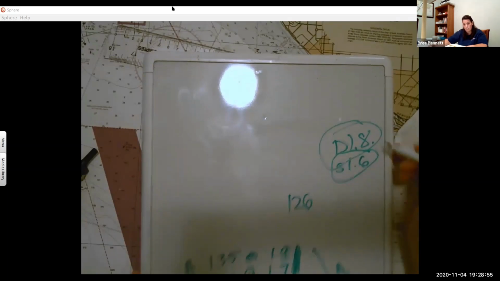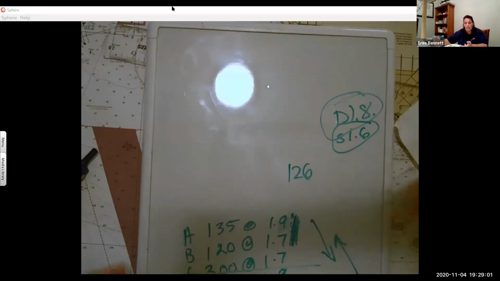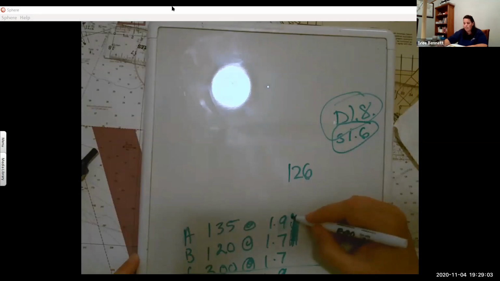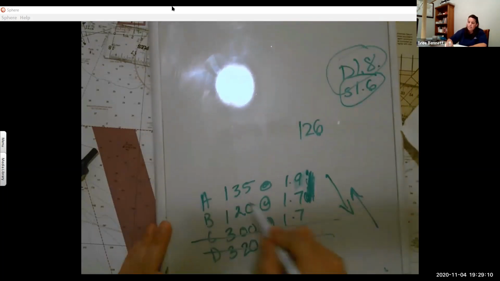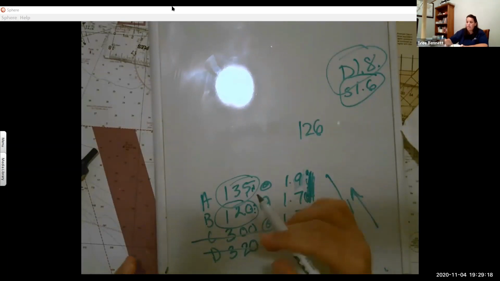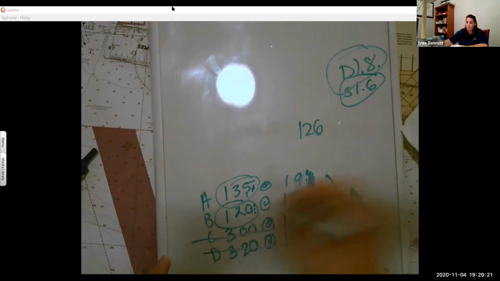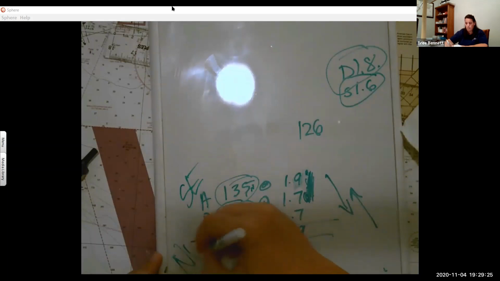So I put in 1.9 and 1.7 because that would be the answer for distance only. If you convert it to speed, you get 1.7. But your actual set will be off. So I wouldn't go with which number your set is closest to. I would just go to, is it pointing southeast or northwest?